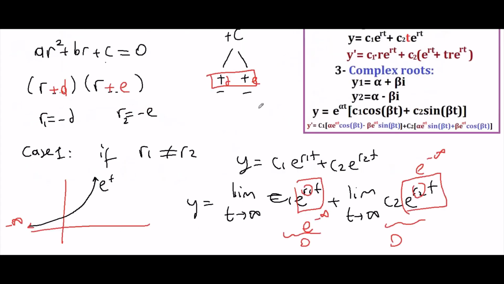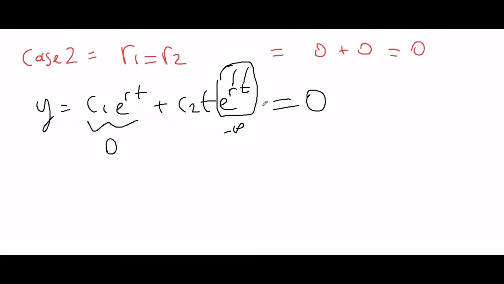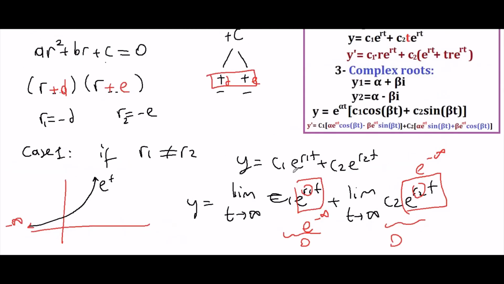Let's go ahead and check case 3. In case 3, we assume that we obtain our root as alpha plus i beta, which is the complex roots. So our equation will be this equation, and in this equation we have e to the alpha t. Our alpha has to be negative because our roots are negative.